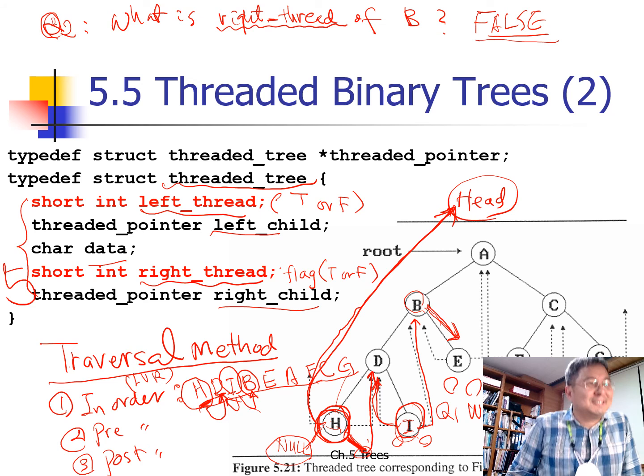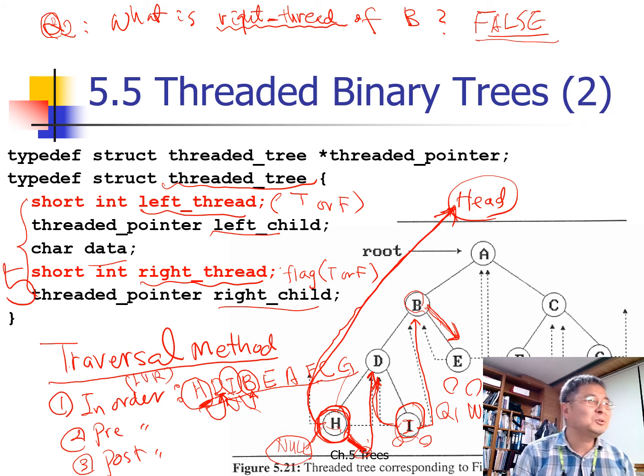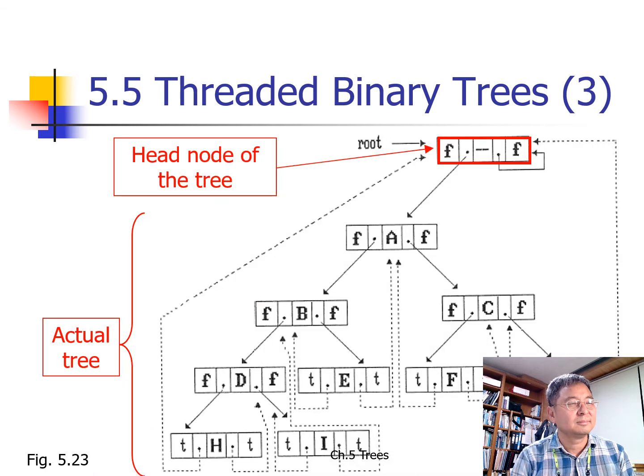So it is very important, and an interesting design, to utilize the unused null links in the ordinary binary tree. That is the threaded binary tree. In this design, this is not the root node.